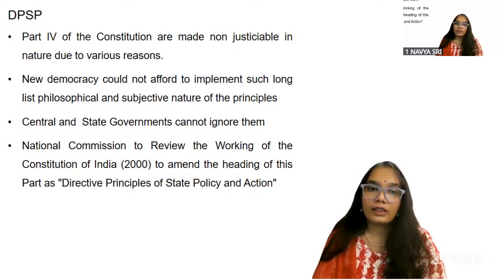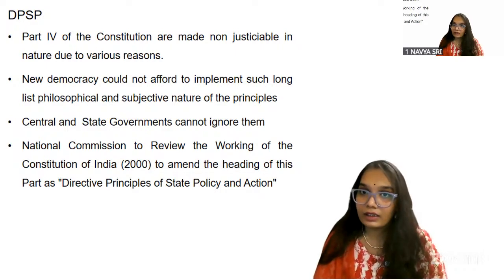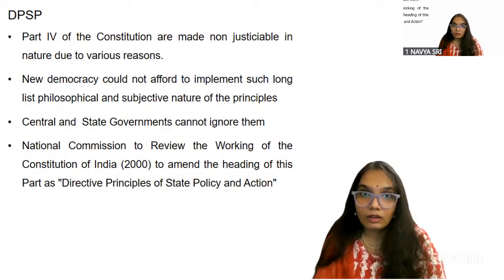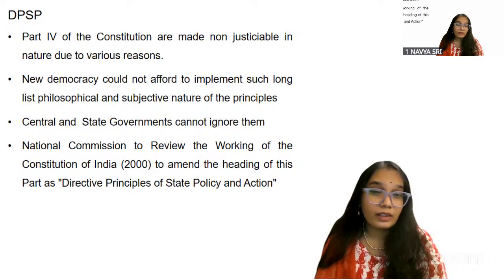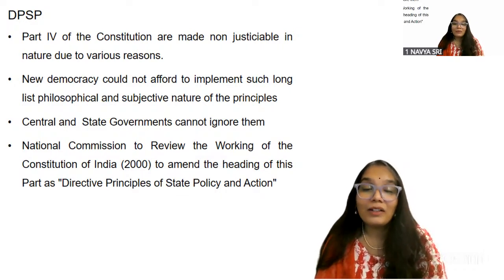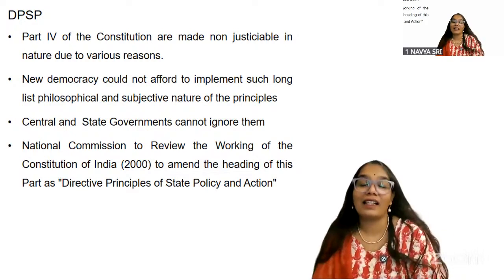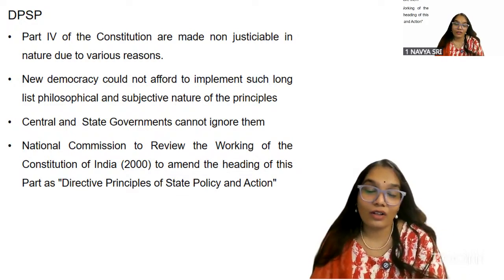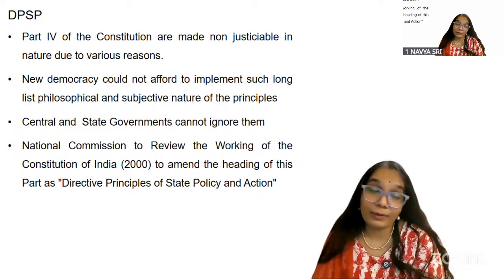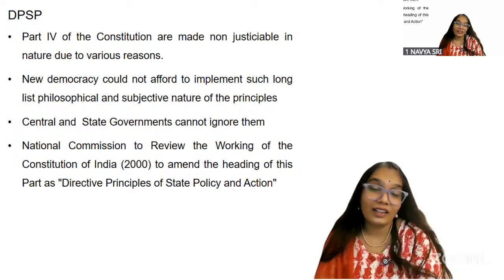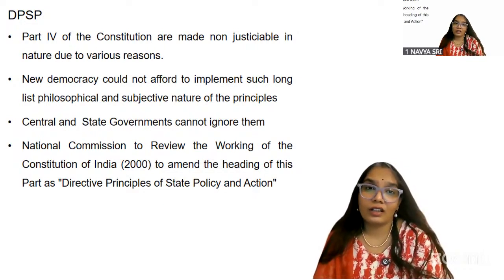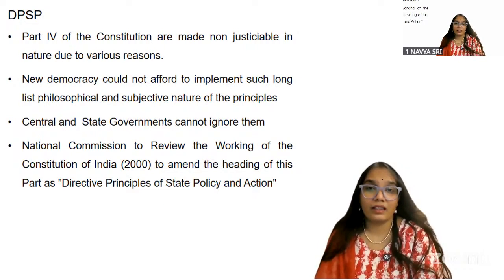Now, why? Because as a new democracy, it could not afford to implement such long principles, because implementing fundamental rights was a Herculean task for a nation like India back then. So the constitutional framers thought that if DPSPs were also made justiciable, it would be very difficult for a newborn nation to implement such things.